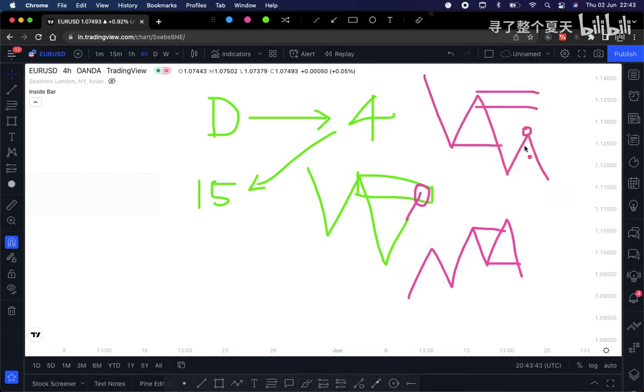You're going to get a lot of fake moves and all that. We only use the M1 when price mitigates an M15 point of interest. That's something that you need to take note of.